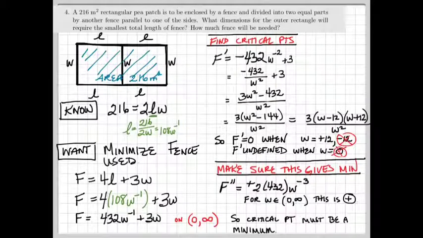Since f double prime equals 2 times 432 times W to the negative 3, on our interval of consideration between 0 and infinity, the second derivative will always be positive. This means that our critical point at W equals 12 is going to be a minimum by the second derivative test.